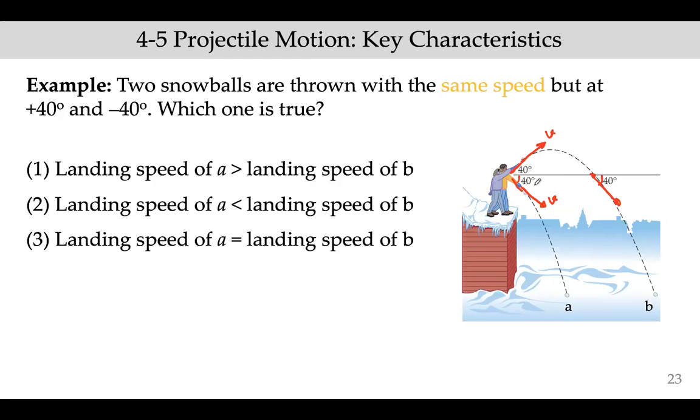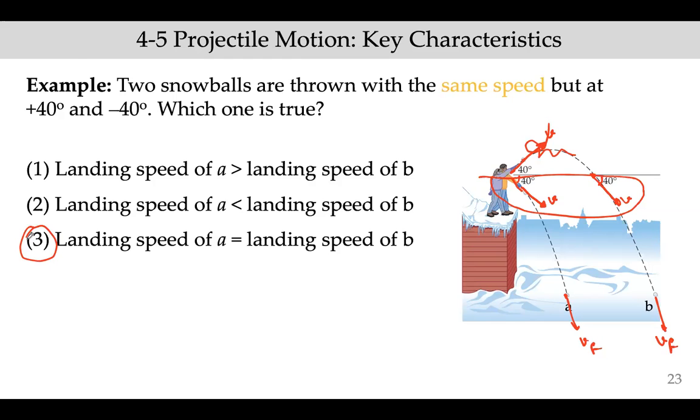Now look at the motion after this point, and forget about the motion here. They have the same angle and the same speeds. Then they will fall down. Their final velocities, V final, will be exactly the same. So the correct answer is 3.